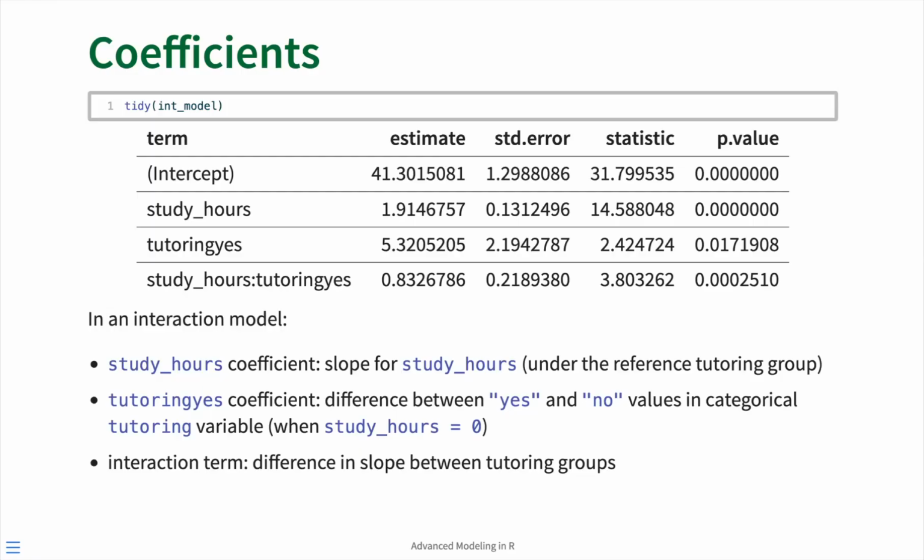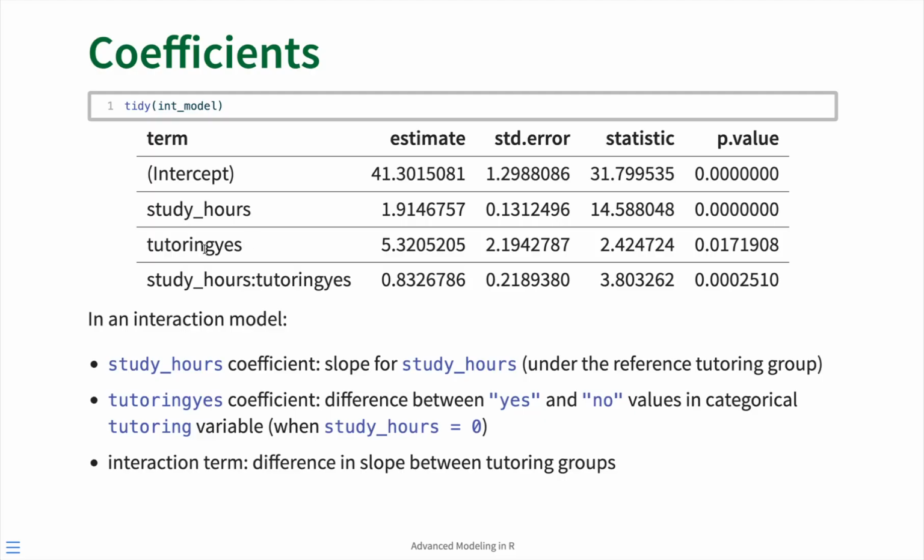This is what we would see when we then look at the coefficients of the model using the tidy function. As we've seen in previous models, we'll get an estimate of the intercept, and we'll get an estimate of the continuous explanatory variable study hours with an estimate of the slope, 1.91. The tutoring variable is categorical, so that's been dummy coded.